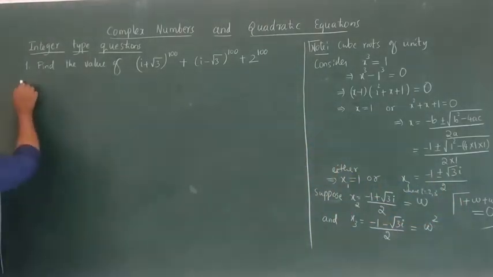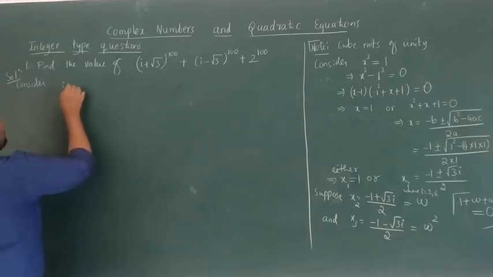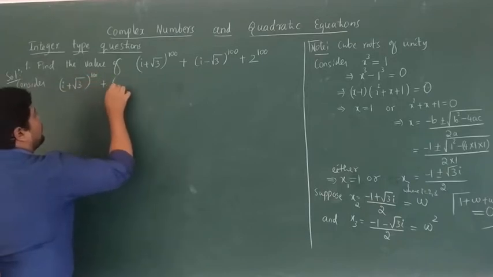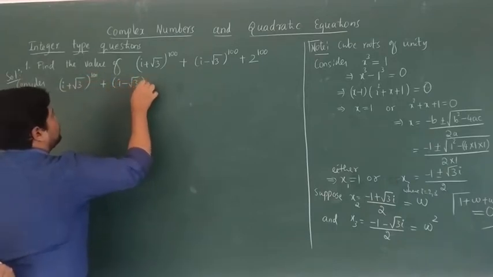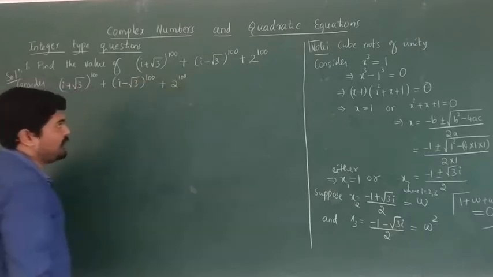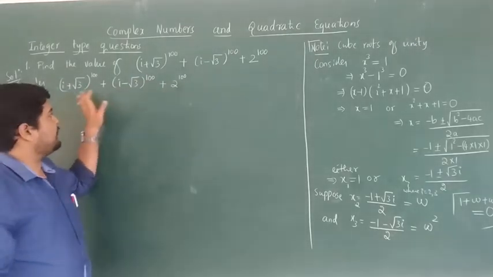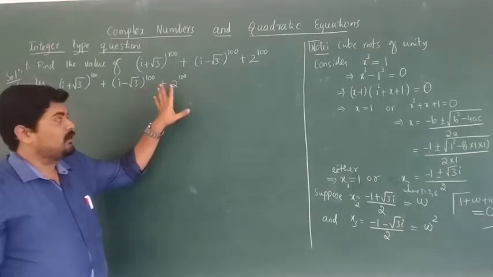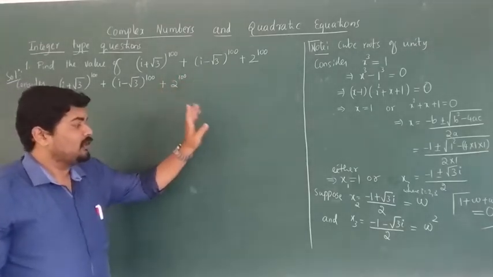Now consider the given expression, the solution for this particular problem. Consider (i plus root over 3) whole power 100, plus (i minus root over 3) power 100, plus 2 power 100. Now here your task is to convert this entire expression, in terms of 2 power 100, into the cube root of unity.